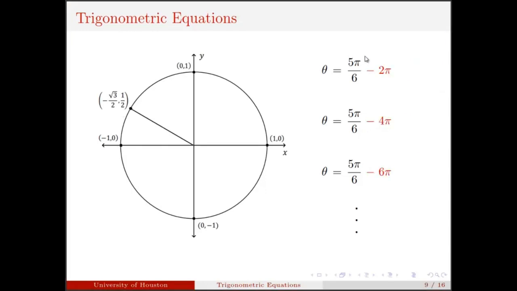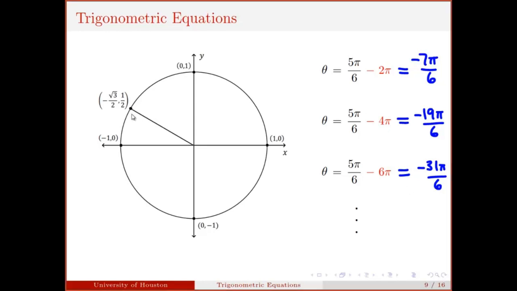Also, by subtracting multiples of 2 pi, we obtain the angles negative 7 pi over 6, negative 19 pi over 6, and negative 31 pi over 6. Each of these angles also has a sine value of 1/2.